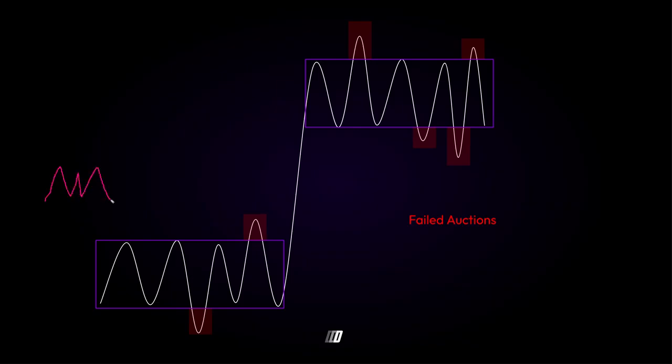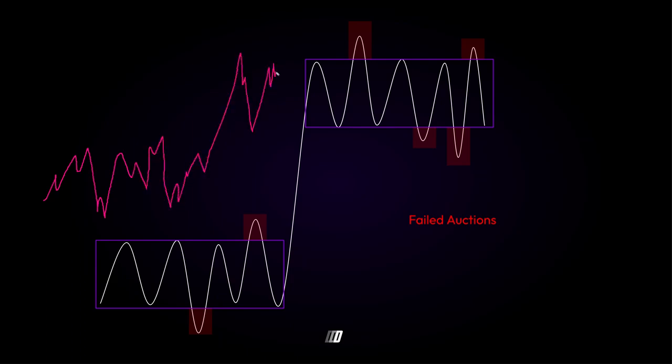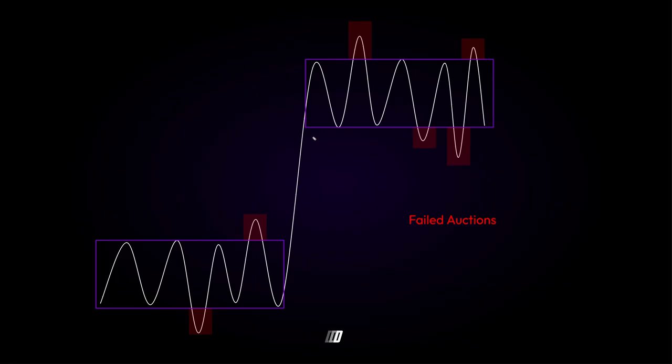It's not just going to go like this, okay? It's likely going to go like this, right? And the next level into framing this in a way that is more realistic is introducing failed auctions, okay? And by failed auction, we mean one of the two parties of the auction auctioning higher, for example, an attempt to break, that does not happen.